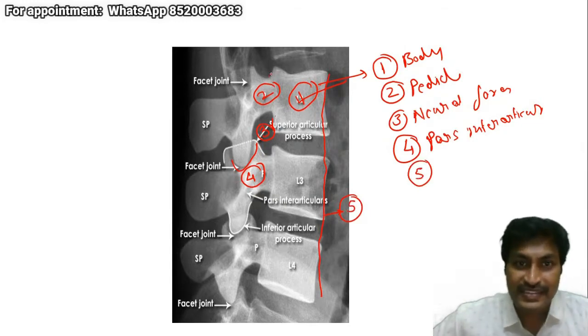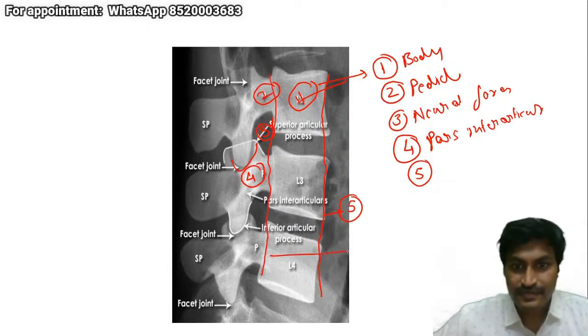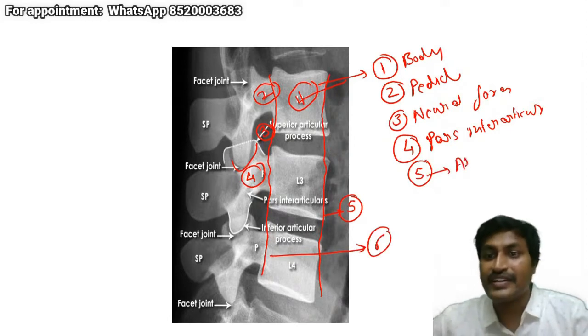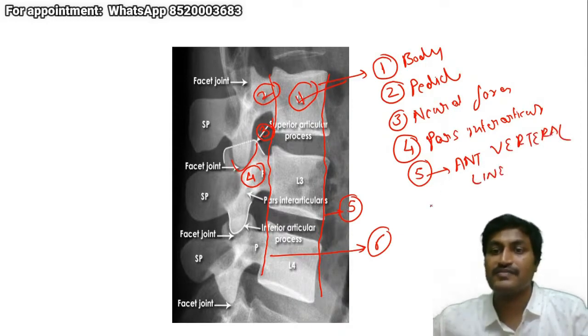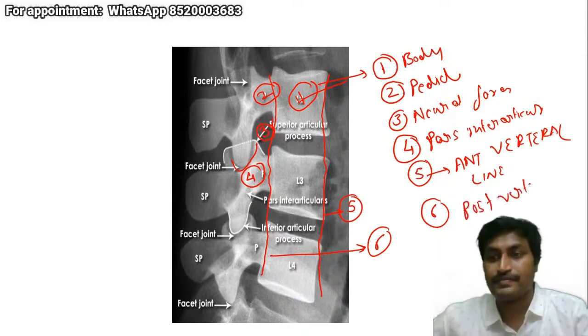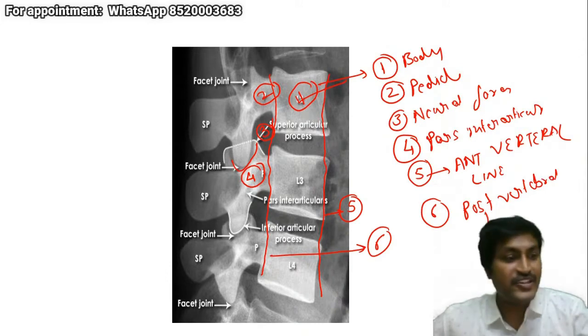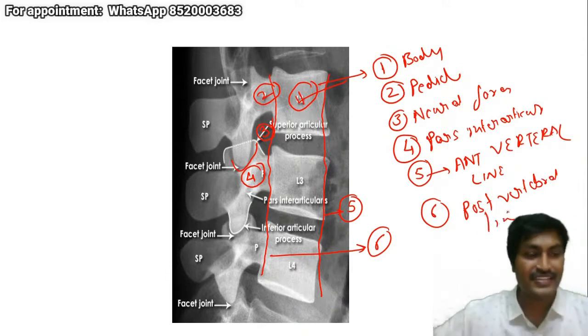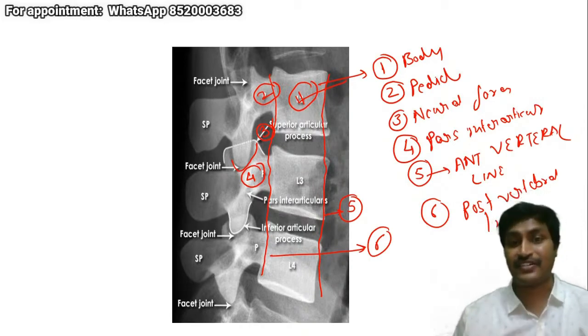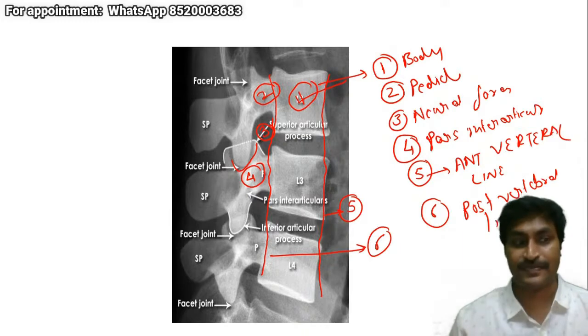And what is line 6? Line 5 is the anterior vertebral line and line 6 is the posterior vertebral line. I'm very sure all of you are giving the right answers. So this is what is important in radiology of the X-ray lateral view of the lumbosacral spine.